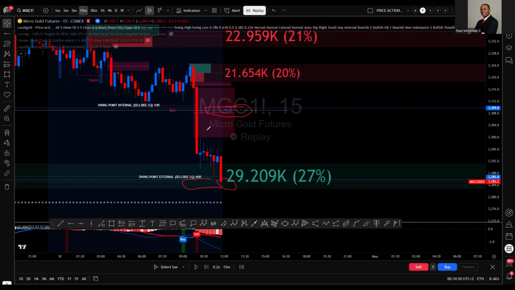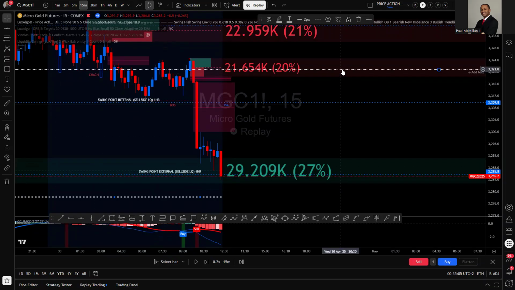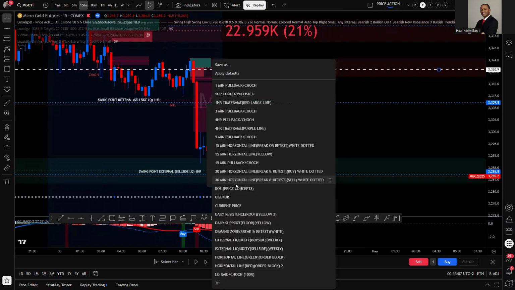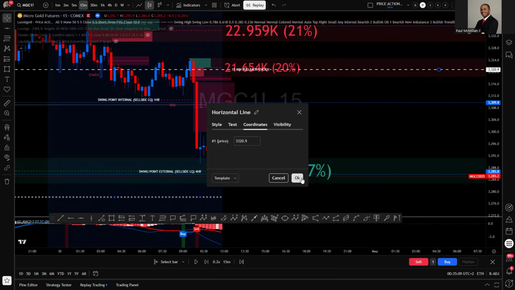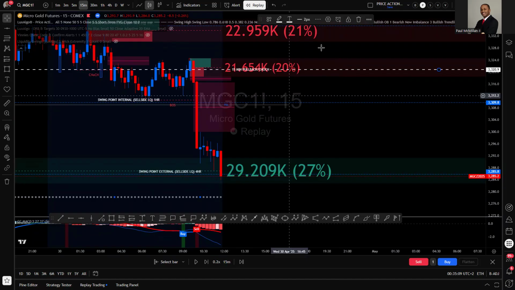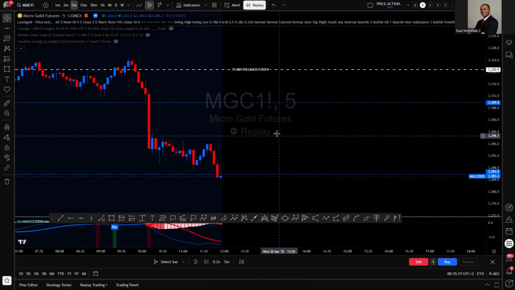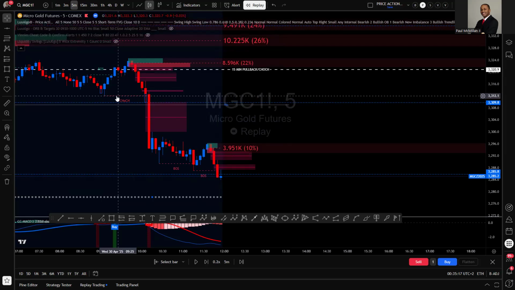So the first thing we want to do is draw our key levels. This will be on the 15-minute here. Go to the 5-minute, so this will be at the 5-minute.